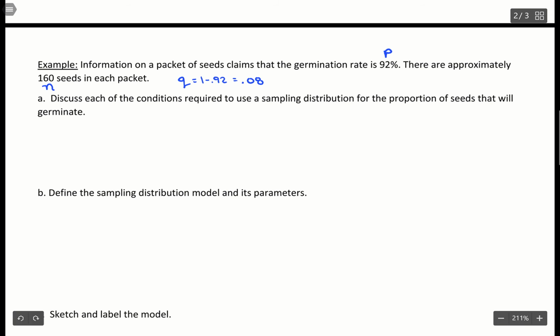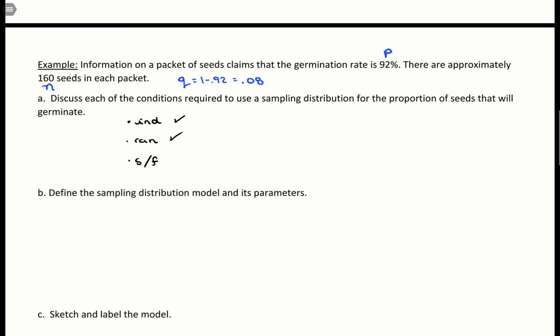So first thing we want to do is discuss the conditions. Do we have independence, randomization, and success failure? So in terms of seeds germinating, independent, they're not influencing each other. They're not dependent on each other. Randomization, they don't say it's a random sample of 160 seeds, but we'll assume we're okay.